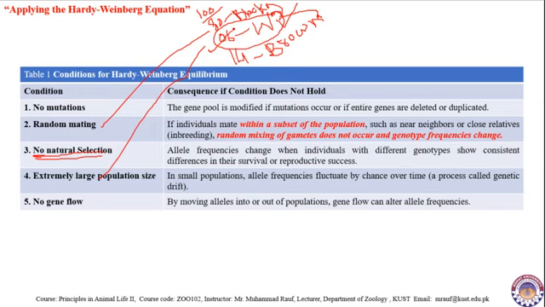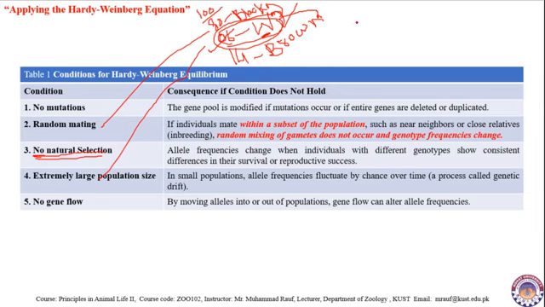This allele responsible for white coat color will be eliminated from the population. That is, because it is a small population, only 6 individuals are having this particular genotype and phenotype. So if those 6 individuals die away, then this allele will be lost from that population, and the disruption or the change in the allelic frequency will take place.